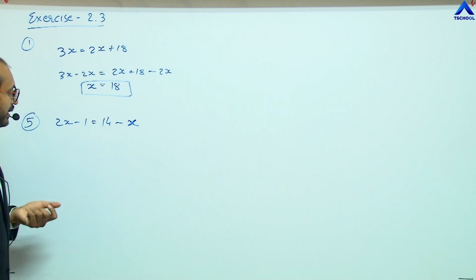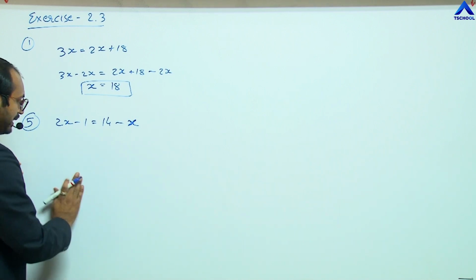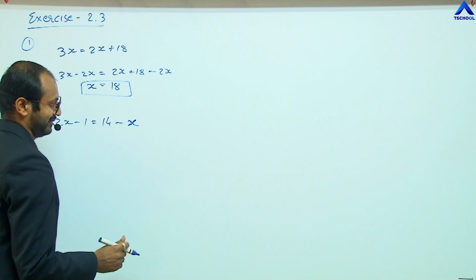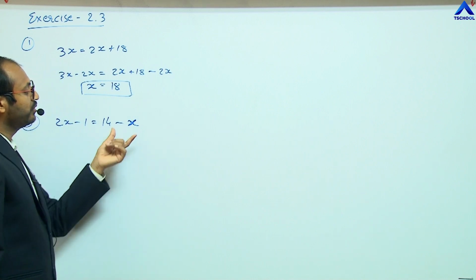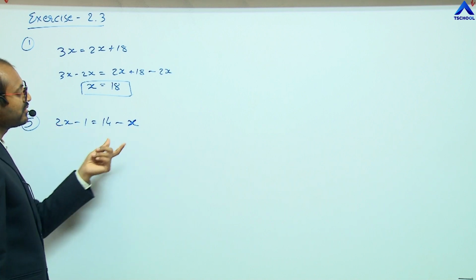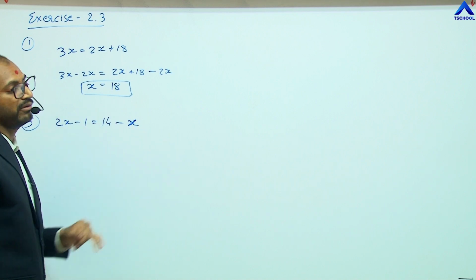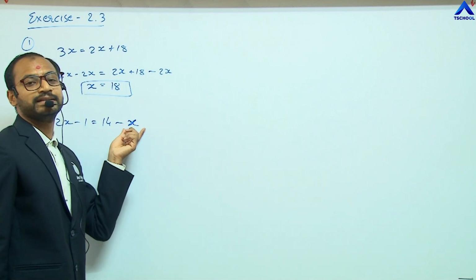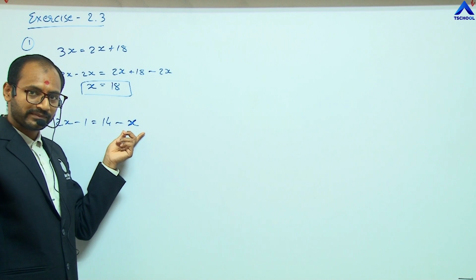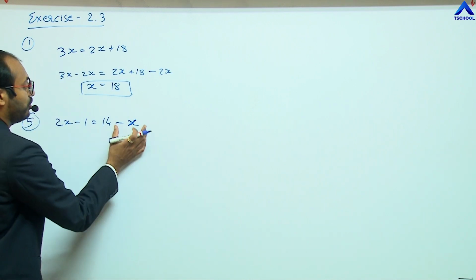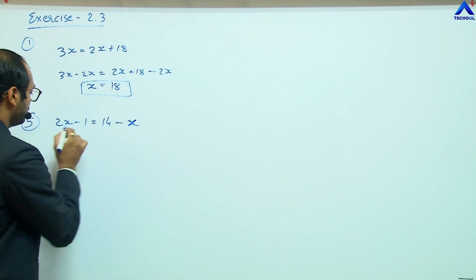So let us not subtract, let us add x, because this is smaller than 2x. We have to take the additive inverse of the given x. That will remove the x, that means the result is 0. So we have to add x on both sides.